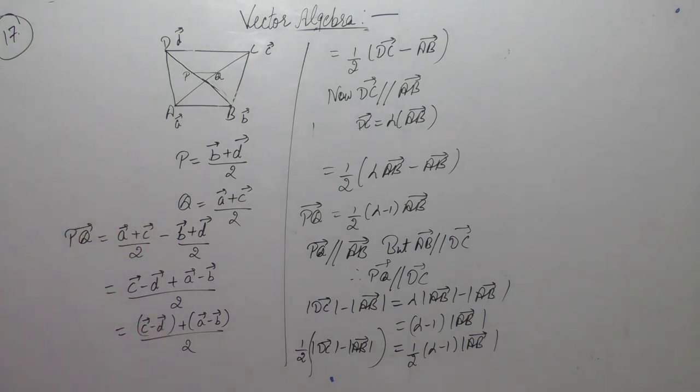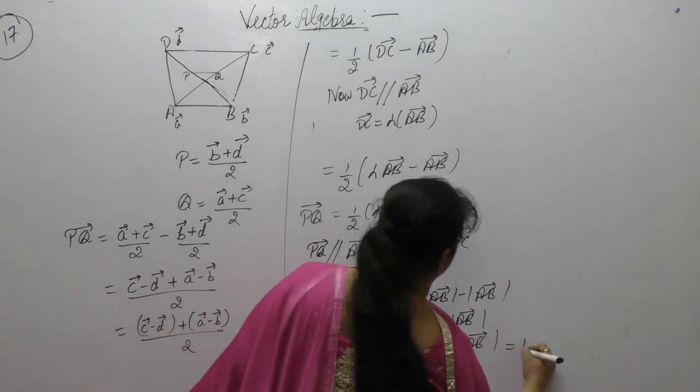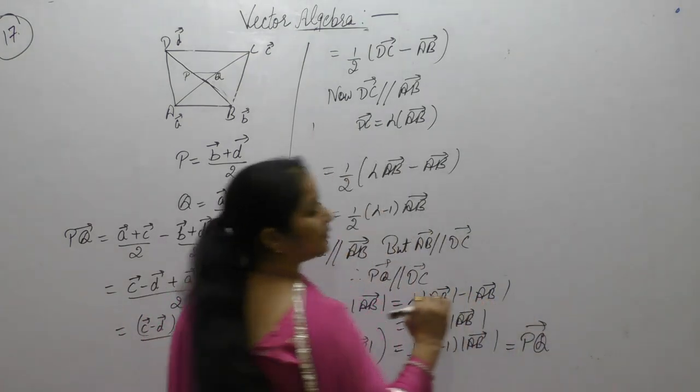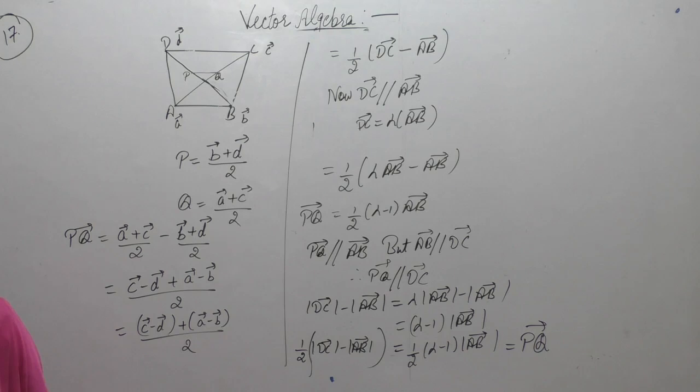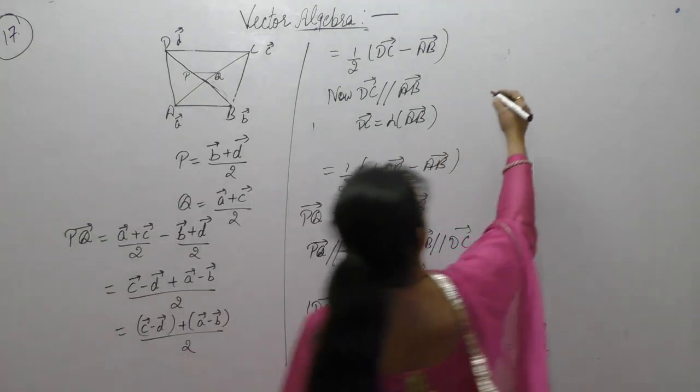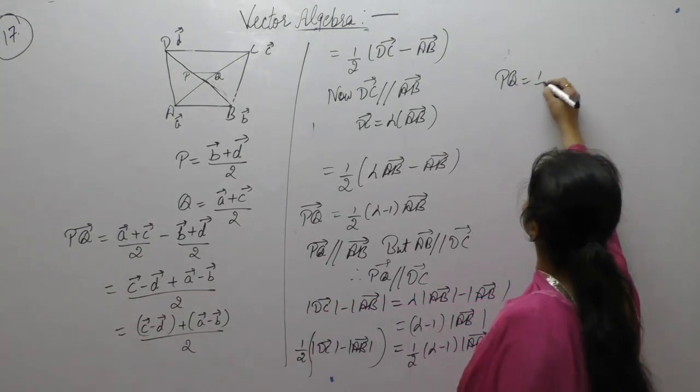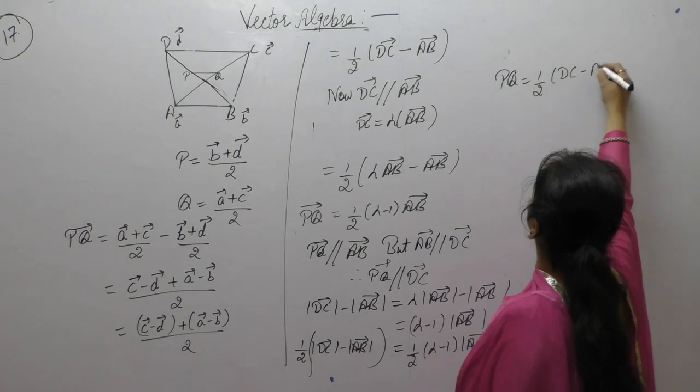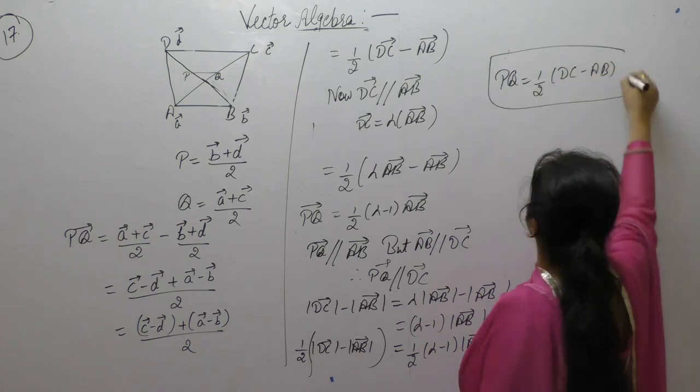Half lambda minus 1 AB, that is equals to PQ vector. Therefore, PQ vector is equals to half of the difference of parallel sides.